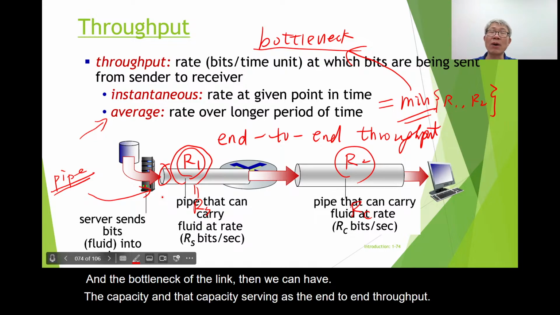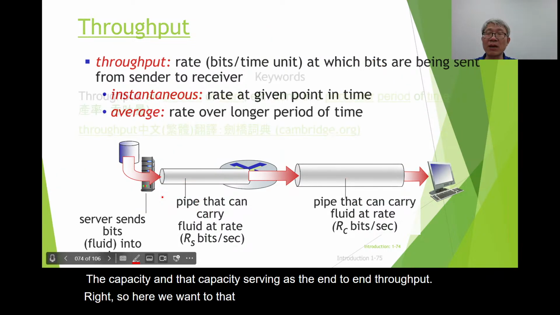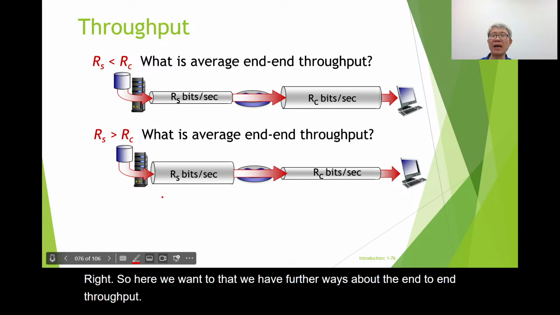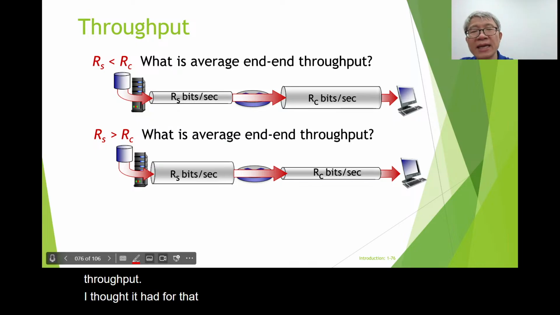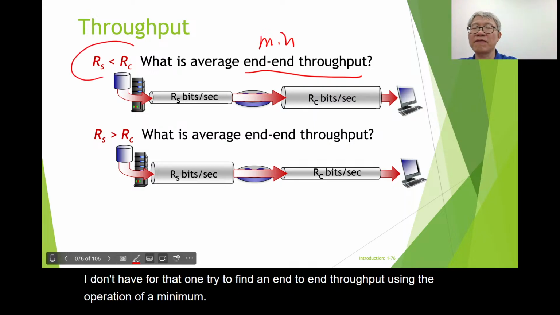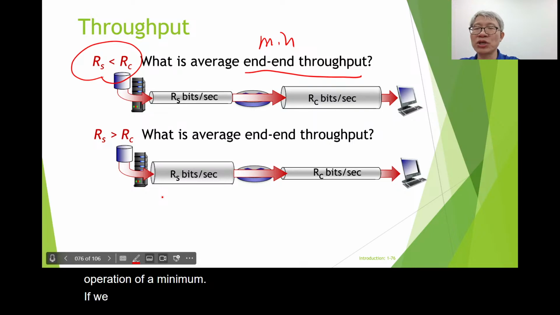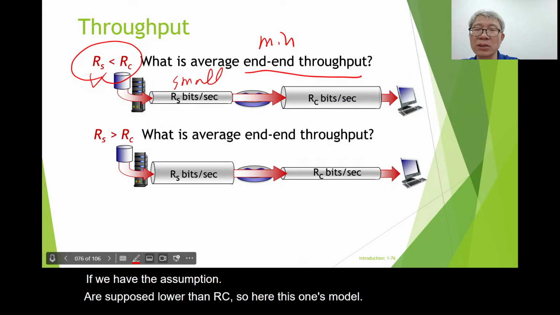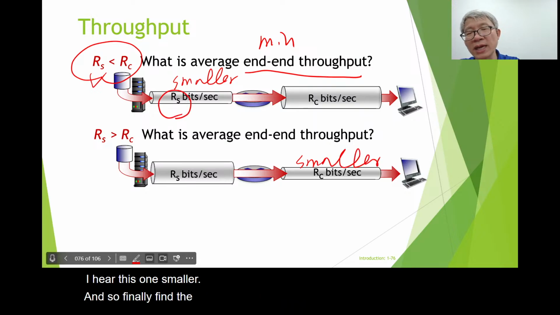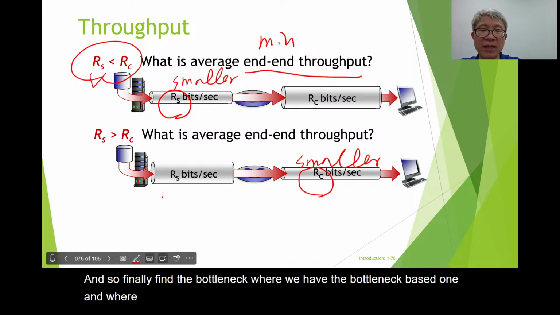All right, so here we have the further derivation about the end-to-end throughput. We try to find the end-to-end throughput using the operation of minimum. If we assume R sub S is lower than R sub C, then this one is smaller, and so we find the bottleneck where it is.